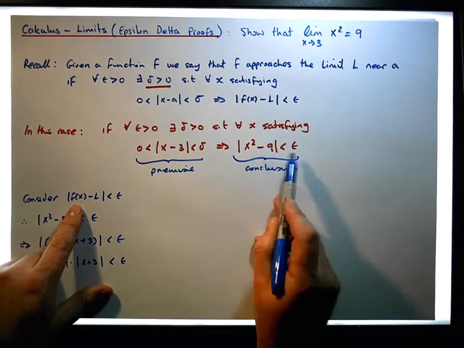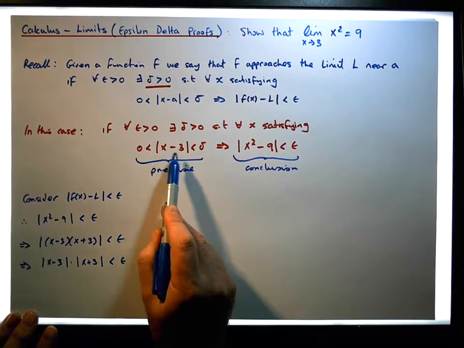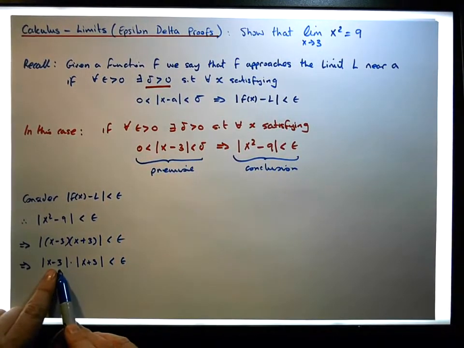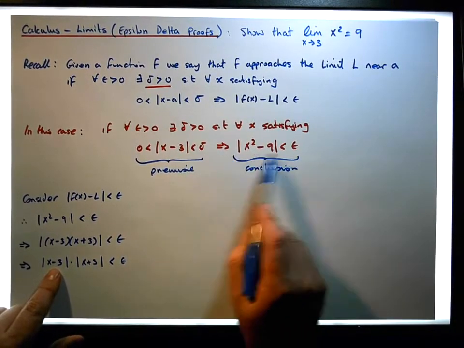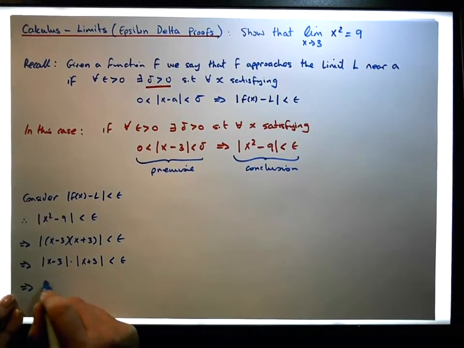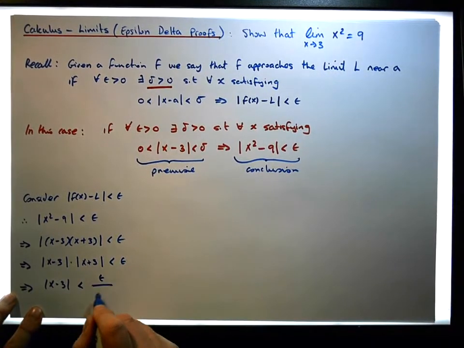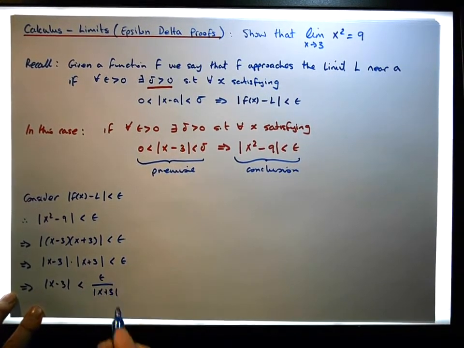We want to reduce this conclusion down into a form that looks like the premise, and the premise has the absolute value of x minus 3, which is here. So let's see what |x - 3| is less than. This implies that |x - 3| is less than epsilon over |x + 3|.